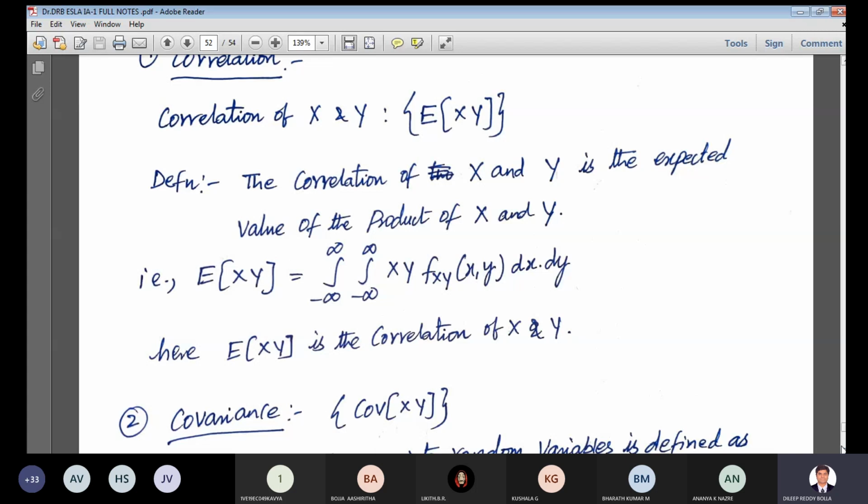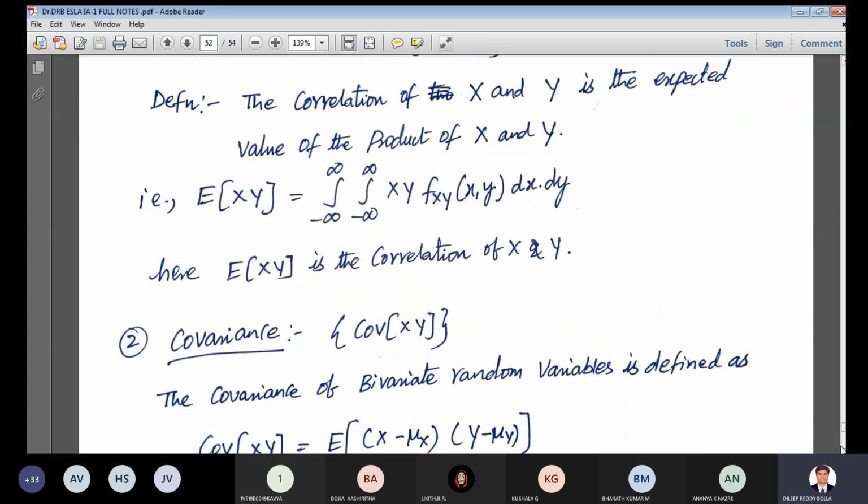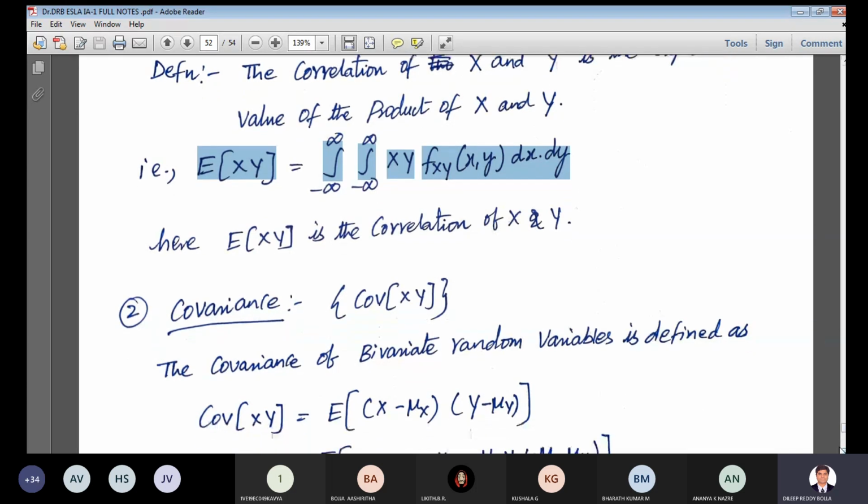The correlation of x and y can be found by finding the expectation of x into y. It's very simple. If you understood this much, then you can understand the correlation of x and y in terms of expectations.